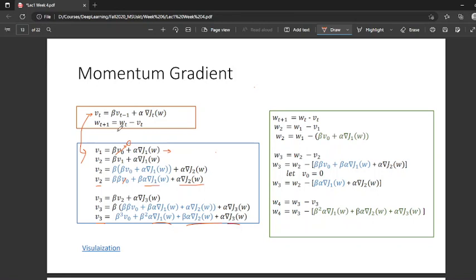So whenever we have to calculate the weight W2, at iteration 2, it is updating the weight as W1 minus the gradient value, which is Vt. Now let's see W3, with V3, at the third iteration: W is updating itself as the old value of weight minus this one.